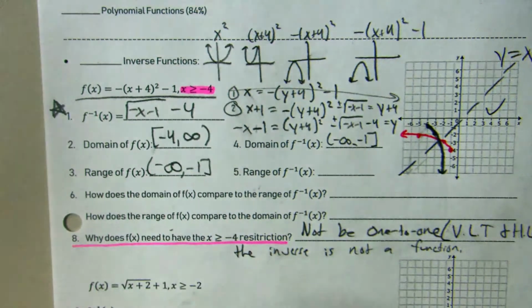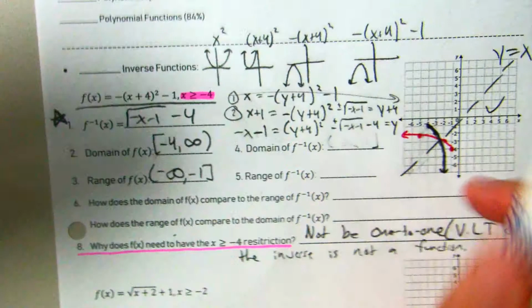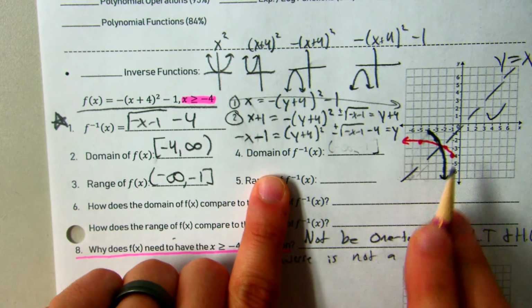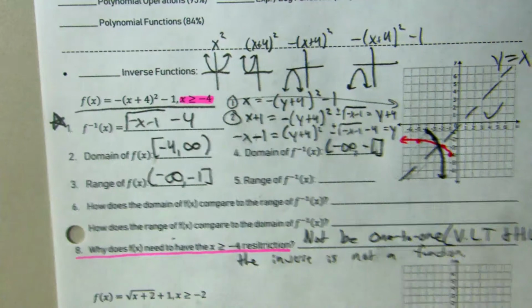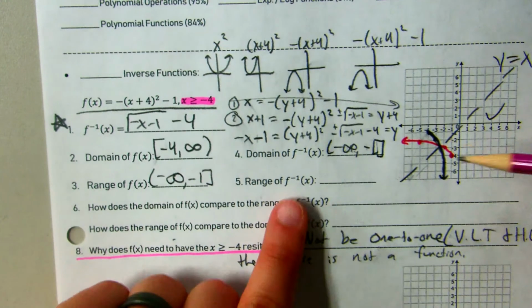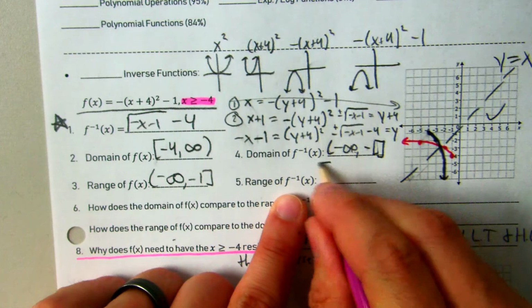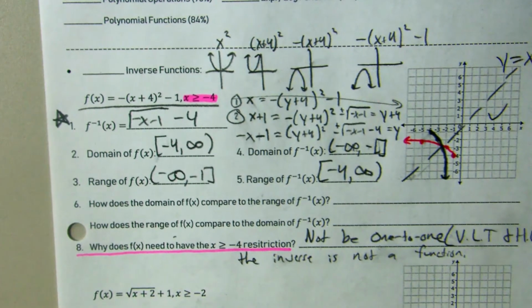That is it. The domain of the inverse is negative infinity to negative 1, include negative 1. And the range of the inverse is negative 4 to infinity. So I can see all of that from the graph, assuming you know what domain and range is.